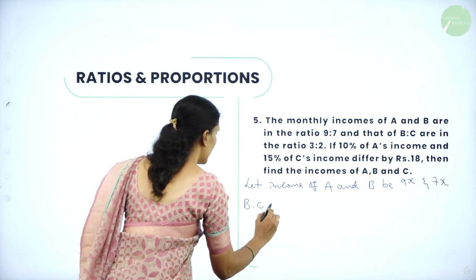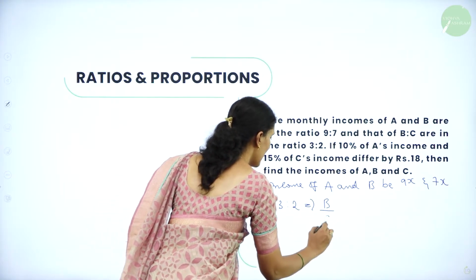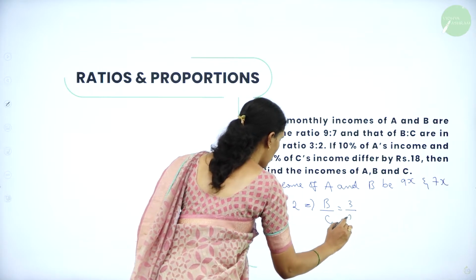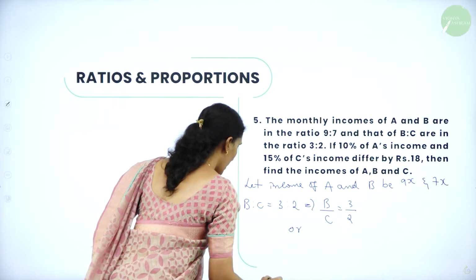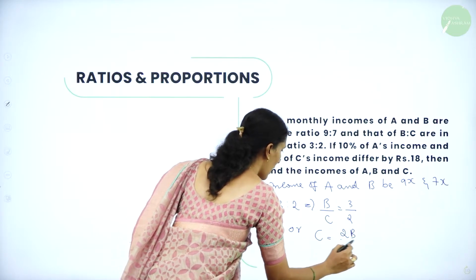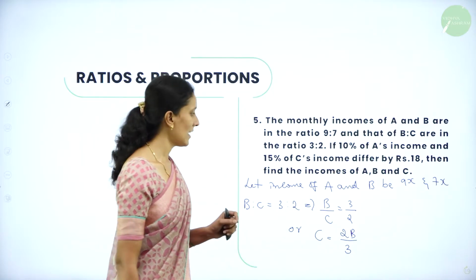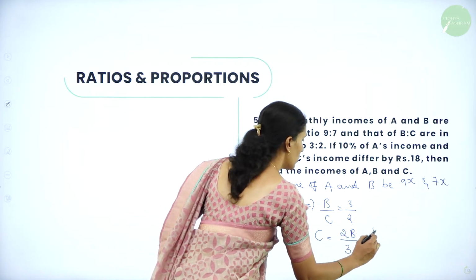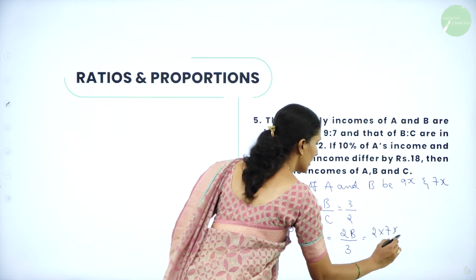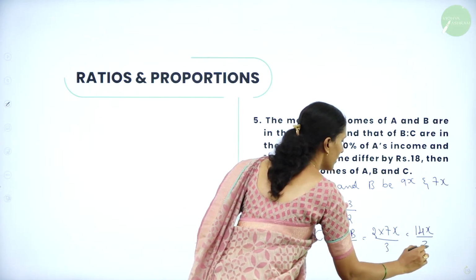B is to C is equal to 3:2. So that implies B by C is equal to 3/2, or I can write C is equal to 2B divided by 3. Since I know the quantity of B as 7x, this is 2 into 7x divided by 3, that is 14x divided by 3.